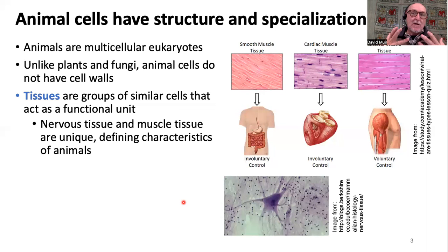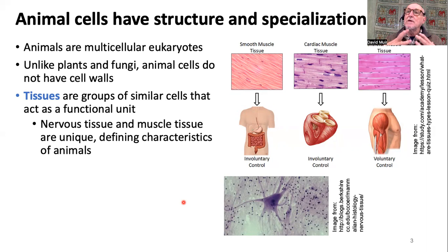Animals are multicellular, and that multicellularity has all sorts of implications. The close contact of cells in this way means that cells can begin to coordinate with one another. And they are able to form specialized groupings, which are tissues, and they're able to take tissues and put tissues together and form specialized organs.